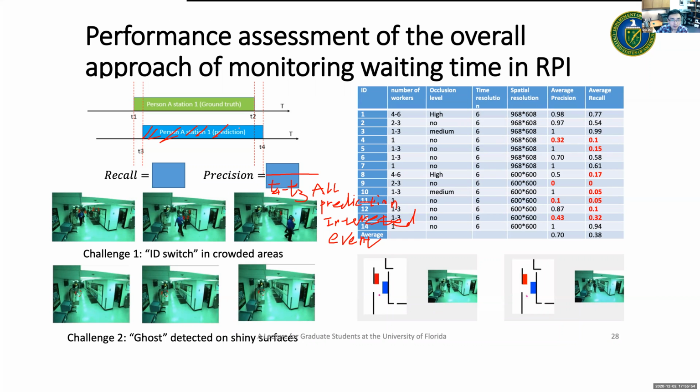It's this area. But out of this area, which is the correct portion? Only T2 minus T3. Make sense? So this one shows the precision, the quality of my model in terms of predicting a certain event. Make sense? So let me review the answer.